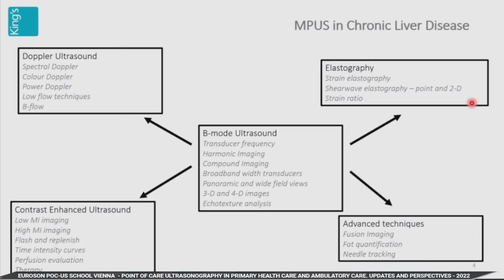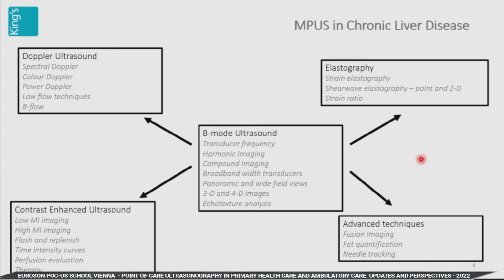And when you look at what you have available on your multiparametric imaging, the B mode, you can change the transducer frequencies, you can change the depth that you're imaging at, and the resolution you can get. You can use harmonic imaging, compound imaging, which is different methods to improve your imaging. You have broad bandwidth transducers where the frequencies go over a very broad range.